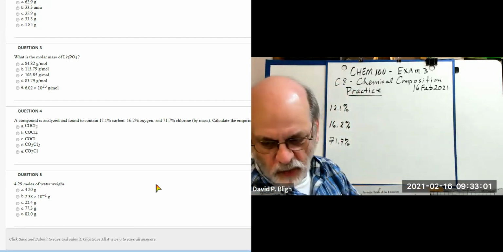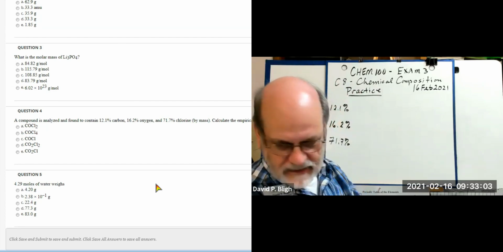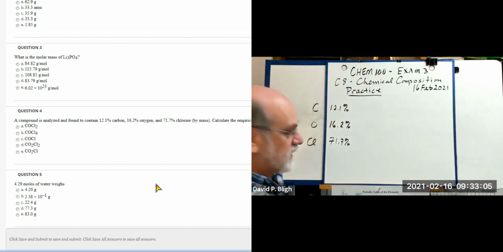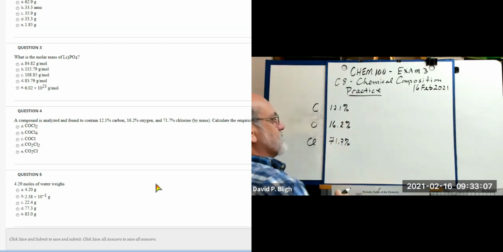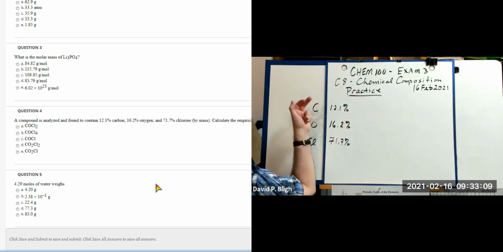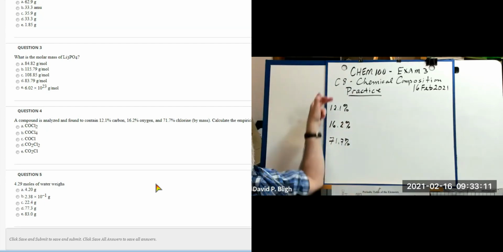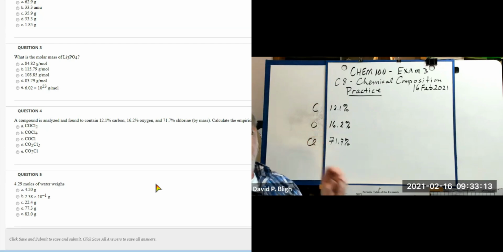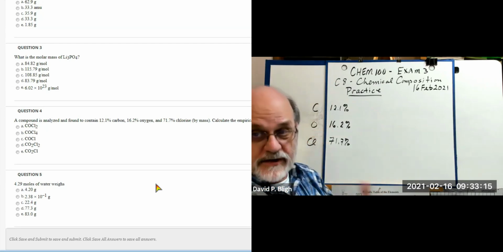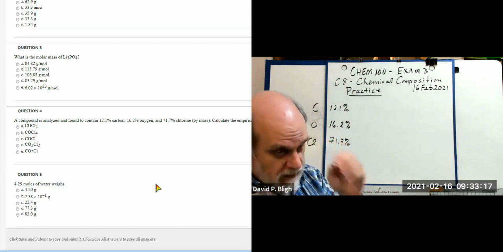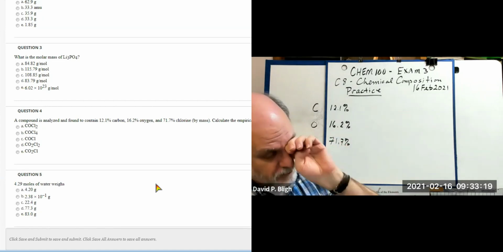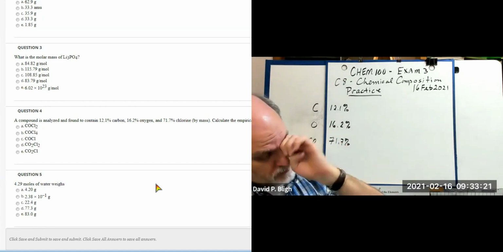This one took a little bit more brain power, experience, practice. When we got this percentage composition for each of our elements, and remember, we want the empirical formula, which is just the simplest whole number ratio. It doesn't have to be the exact molecular ratio of elements.